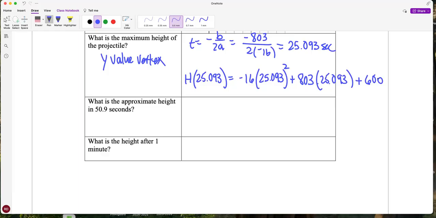So I end up with 10,675.14 feet. So that is my maximum height.